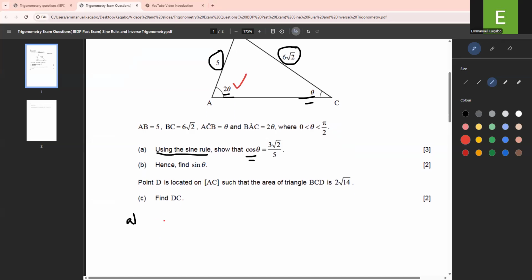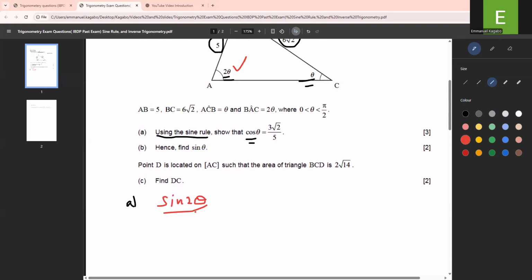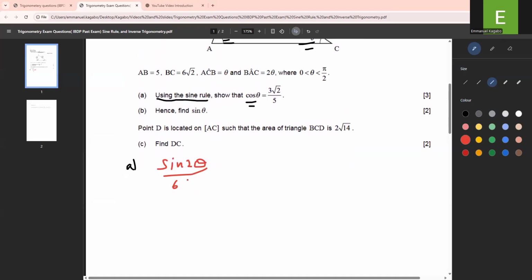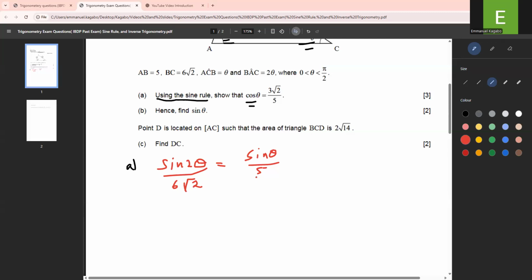So sine rule, I hope you remember, going to be sine 2 theta over the side opposite to that, that is 6 square root of 2, equals sine theta over 5, right? Let me try to move very fast here.